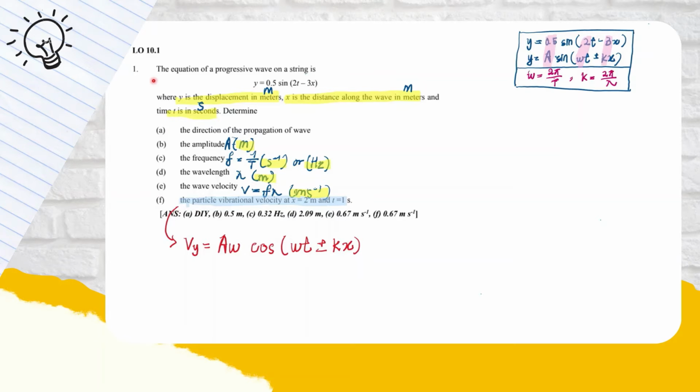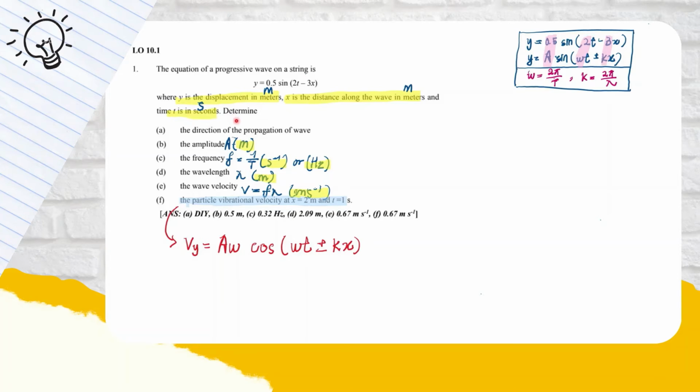Okay, now we proceed to question 1. The equation of a progressive wave on a string is y equal to 0.5 sine (2t minus 3x), where y is the displacement in meters, x is the distance along the wave in meters, and the time is in seconds.